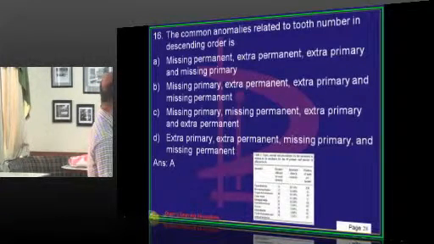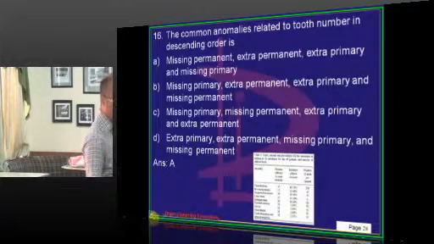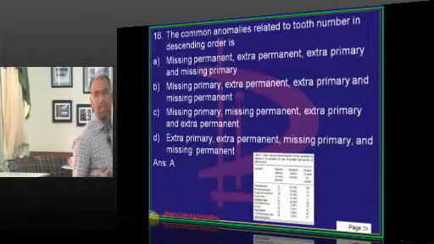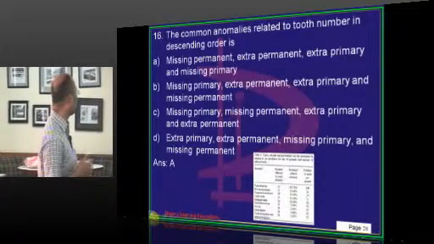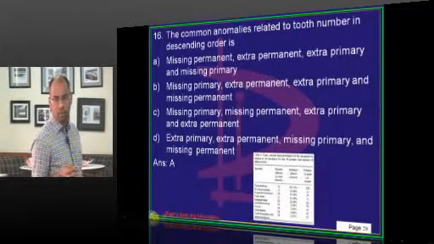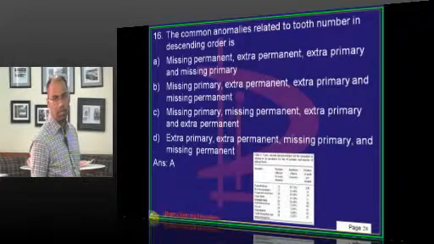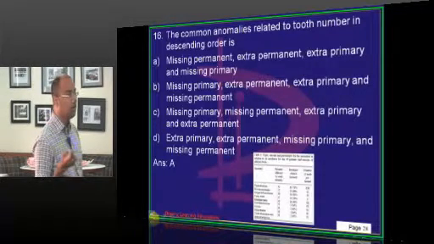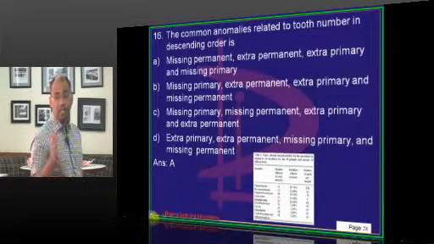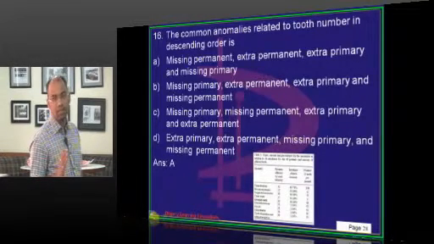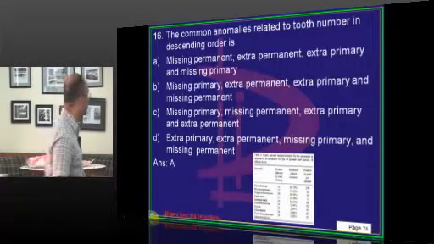In extra primary, first will be an extra tooth, and missing primary is very rare to see. So you have the order: missing permanent teeth, followed by extra permanent, then extra primary, then missing primary. Missing primary is the least common; you hardly ever see missing primary teeth.